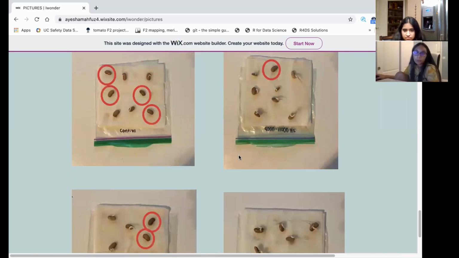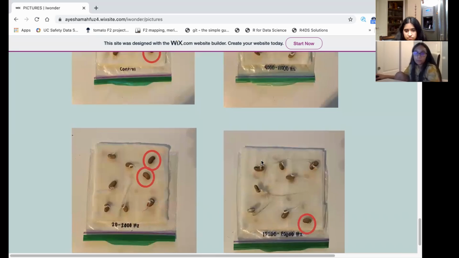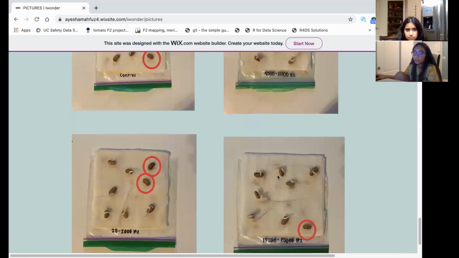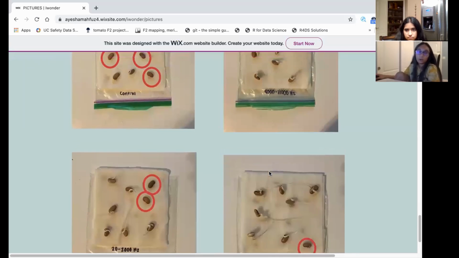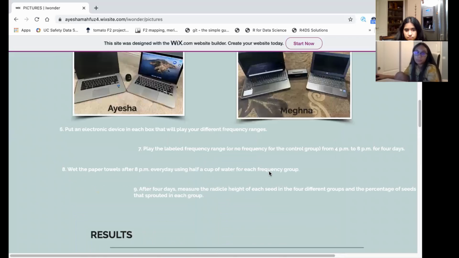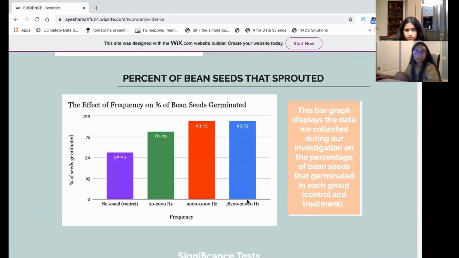For the medium frequency and the high frequency, 1 of them did not sprout in each. And again, you can see the radical heights are a lot longer as the frequency increases. So now we're gonna get into the actual evidence that we collected.